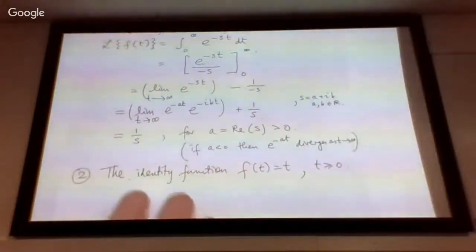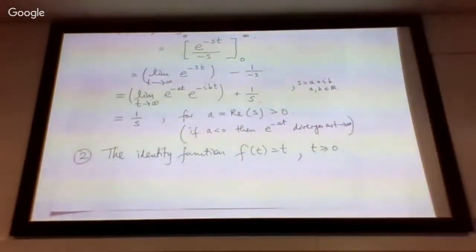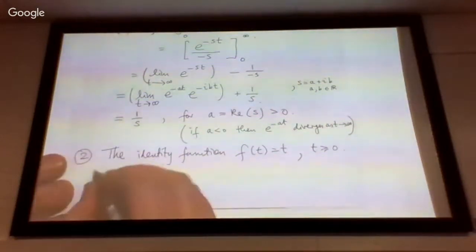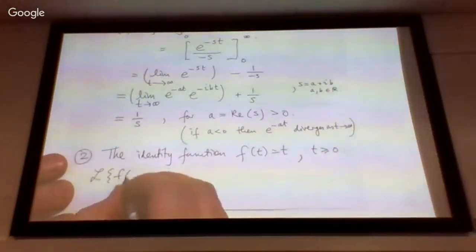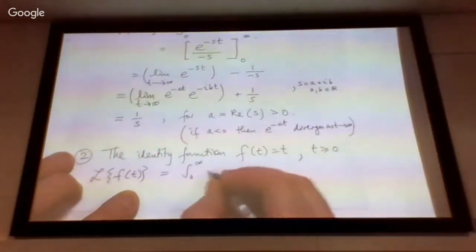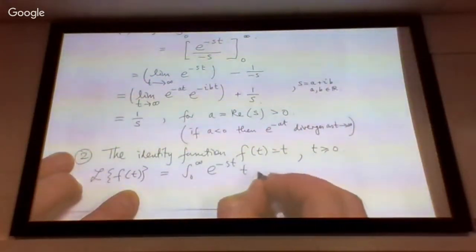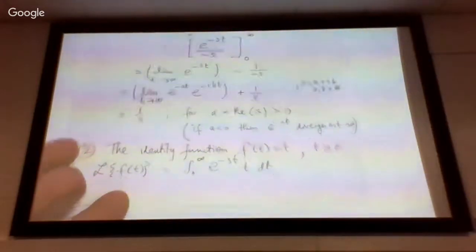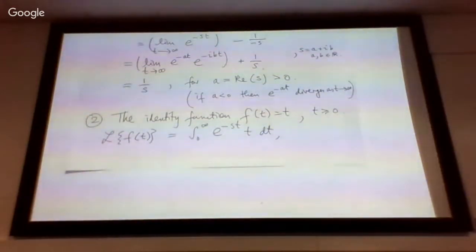Maybe the next simplest function after a constant function. Okay, it's a function which just has a constant rate of increase. What's its Laplace transform? Well, we can apply the definition. That's the definition of the Laplace transform.